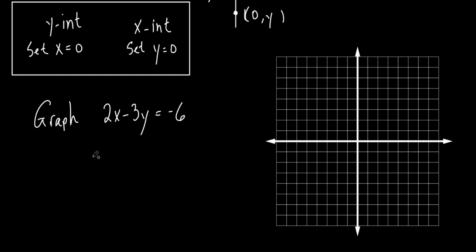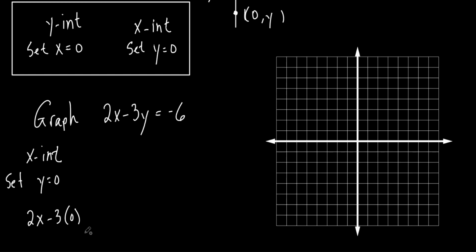All right, so let's do it. Let's do the x-intercept first. If I want to do the x-intercept, what do I do up here? I set y equal to 0. What does that mean? I'm taking this equation right here. So I'm going 2x. I'll put it in here just so you see what we did.